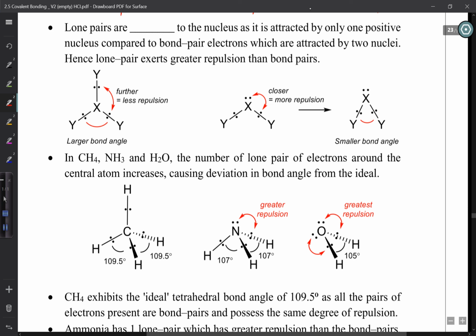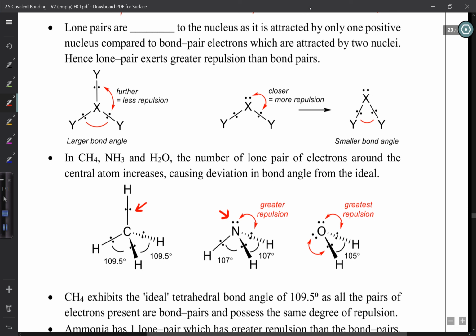Alright. Now if you look at methane versus ammonia, we can see that for methane, this electron pair is actually this electron pair in ammonia. So if you compare this electron pair versus this electron pair, this electron pair is being shared between carbon and H, right? So as long as it's shared between two atoms, these two electrons will be quite far from carbon.